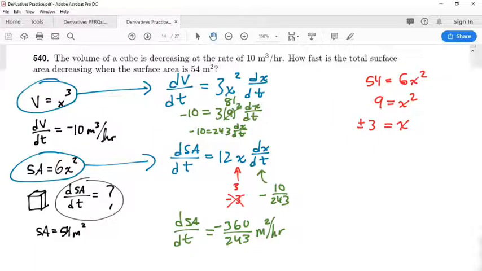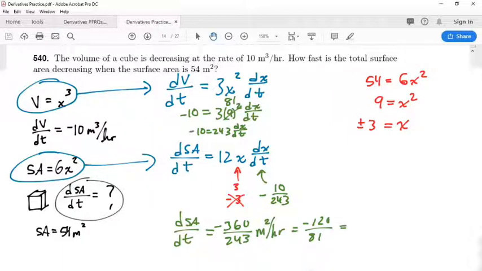Since 2 plus 4 plus 3 is 9, I know that the 243 is divisible by 3. So I'm going to divide the top and bottom by 3. And let's see what we get. We get negative 120 over 81. And then it looks like I can probably divide that by 3 again.